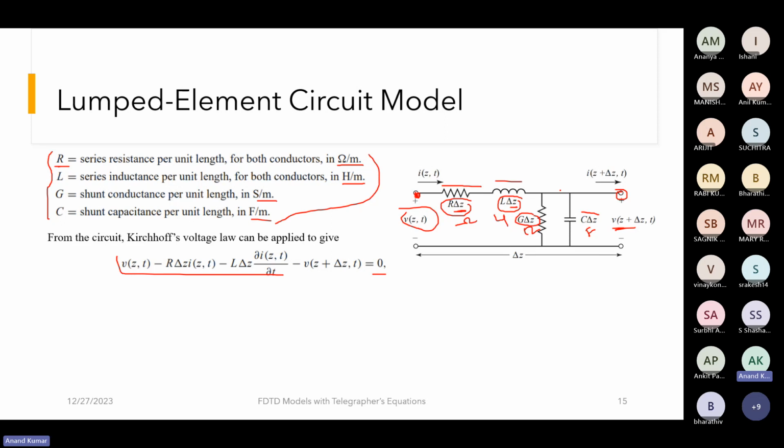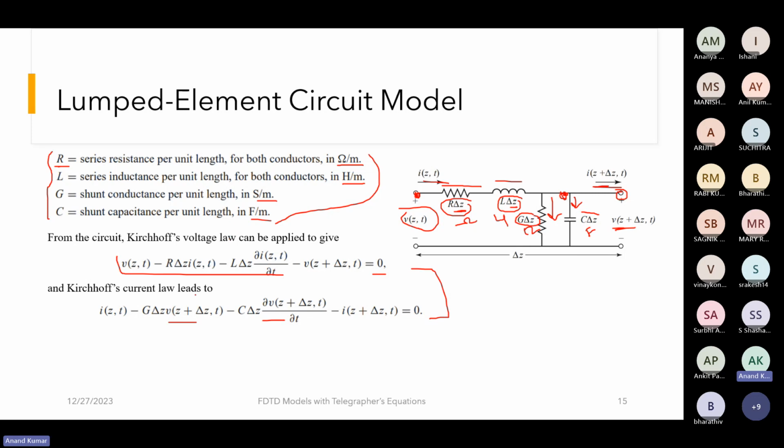Similarly, if we do Kirchhoff's current law at this node, the current I(z,t) is over here, and then the current flowing through this branch and this branch are given over here, and the current through this branch is I(z+delta z,t). So we get two equations from Kirchhoff's voltage law and current law.